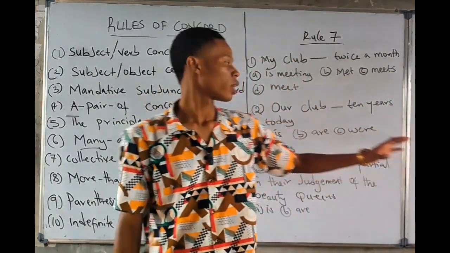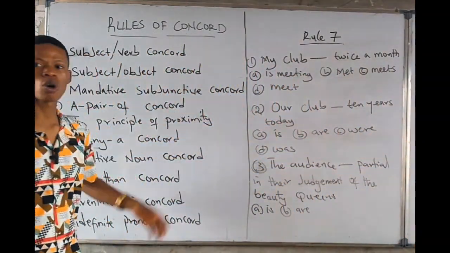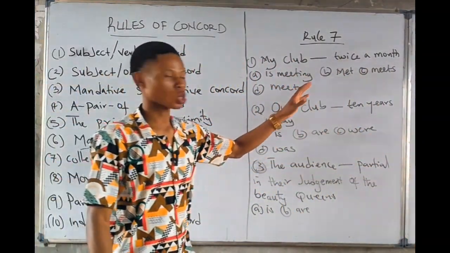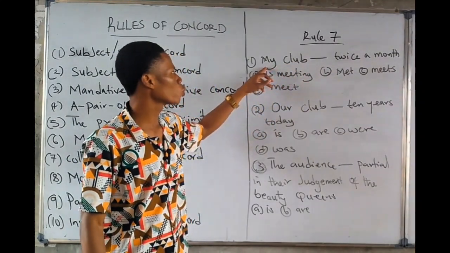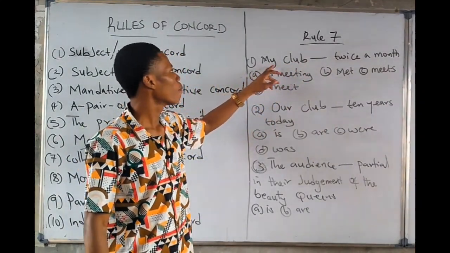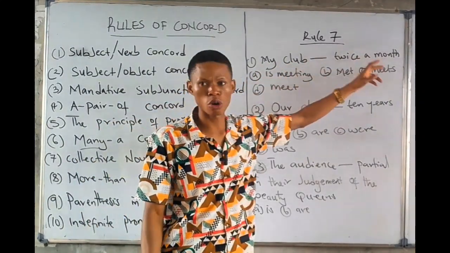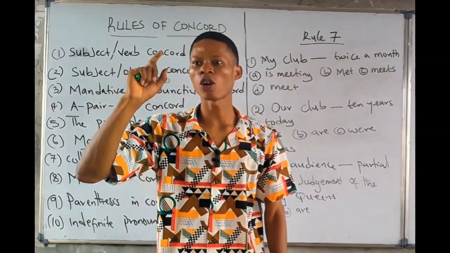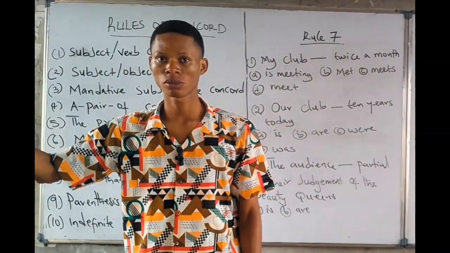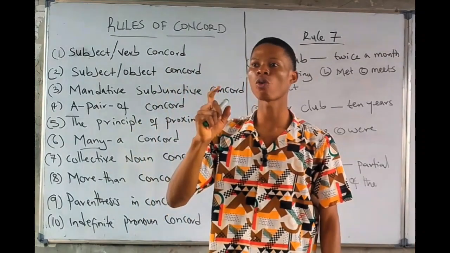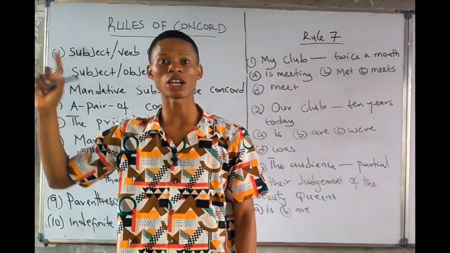Right, now, when you have a collective noun, what do you do? Let me use this example to cite this. If the collective noun is performing an action, the verb you will use is different from when the collective noun is not performing an action.